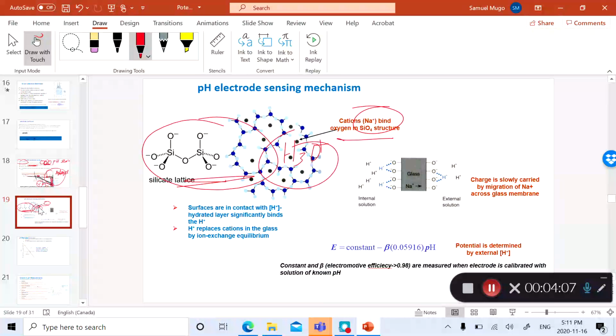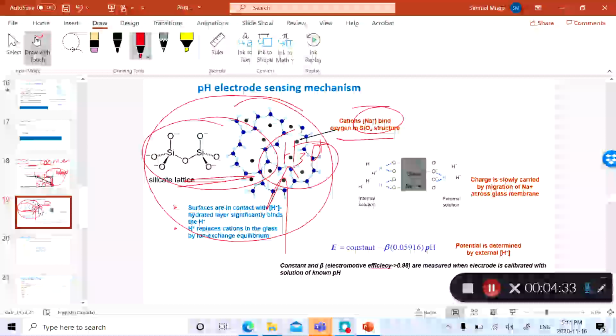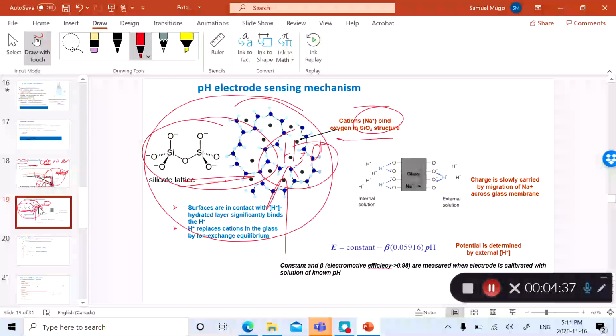So often you have to keep the pH electrode inside a solution, so that the membrane is hydrated with water. Because of course you are relying on the hydronium ion migrating inside the crystal. And the only way for the hydronium ions to migrate is if they are carried by the water as a solvent. So a pH electrode always has to be completely hydrated for it to work well.